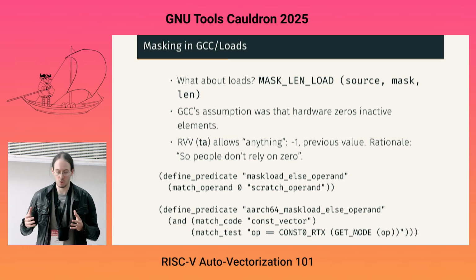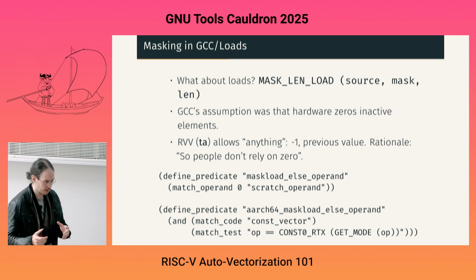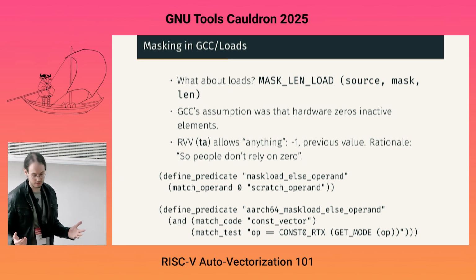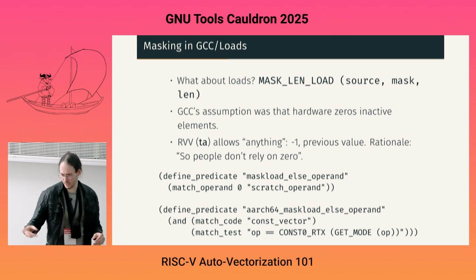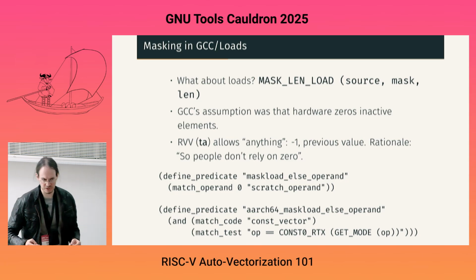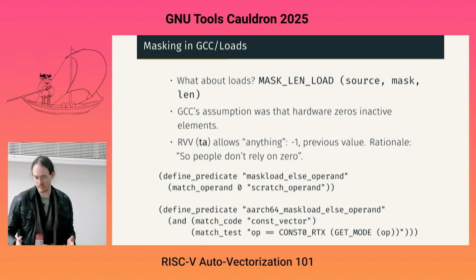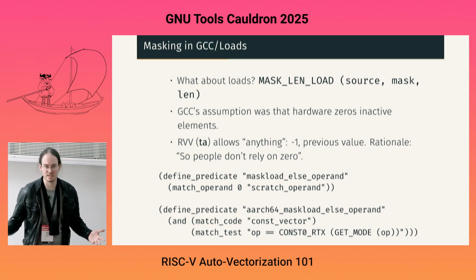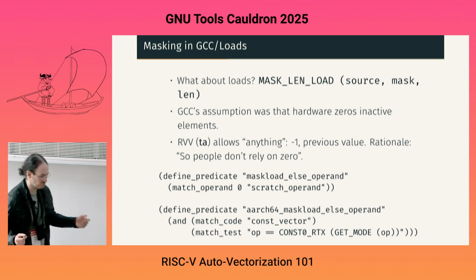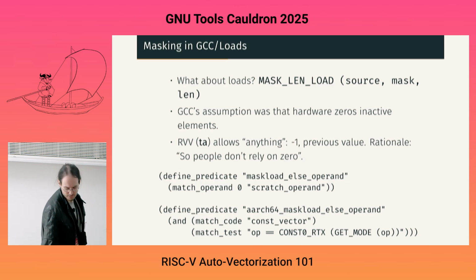It's a mask load else operand, basically specifying what the target is able to handle. The first one is ours. A scratch operand is basically GIMPL speak for I don't know. And the AArch64 one should stay as before. It's just a 0. It will only accept 0 constants for that.